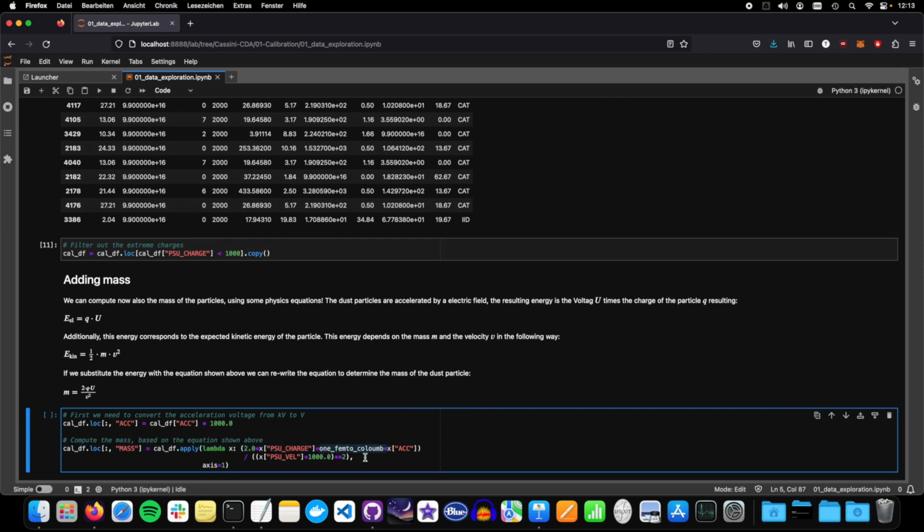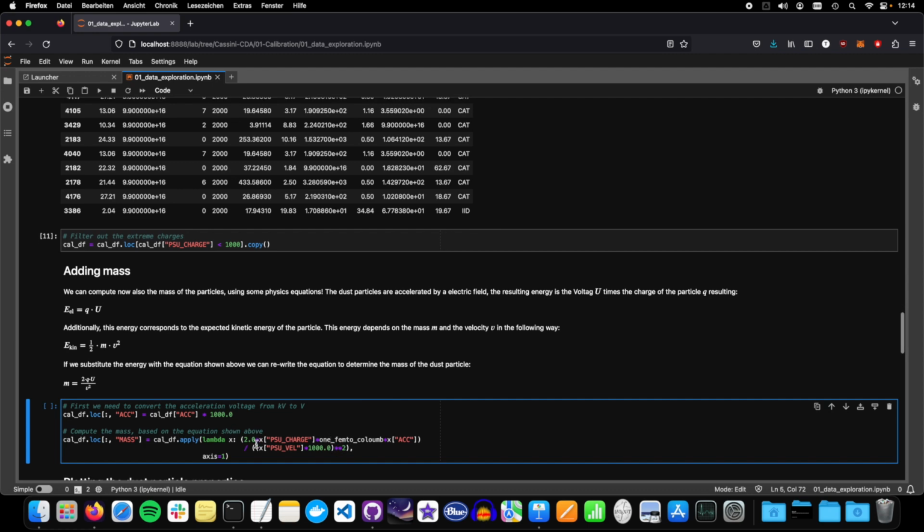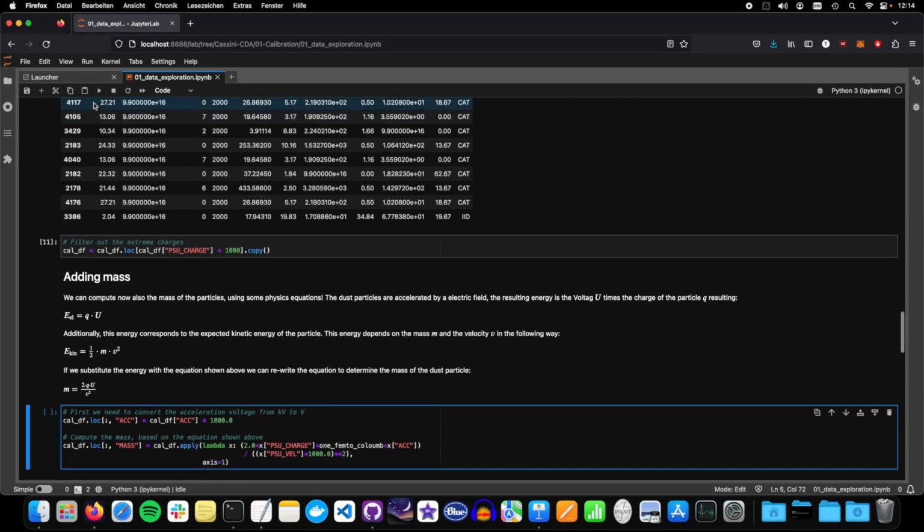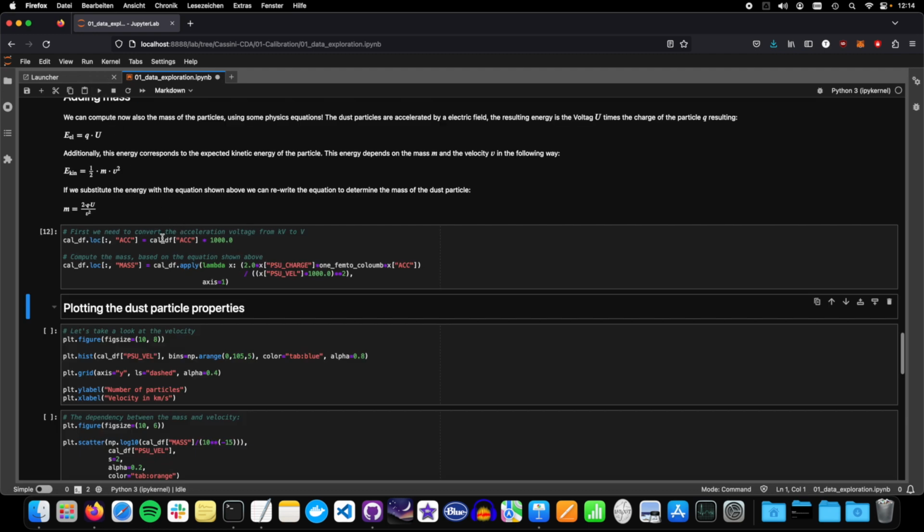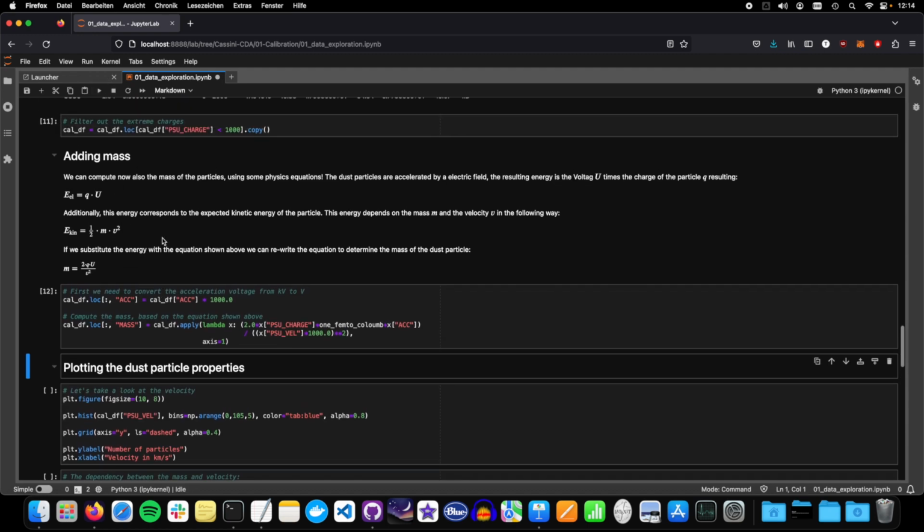So this is q times the acceleration voltage of the accelerator, this is u, divided by the PSU, the determined velocity. This is given in kilometers per second, so we also have to rescale it by 1,000 and then to the power of 2. And this is now the mass we have. So that's basically all we need to compute the mass. And we will also rescale the mass in a second.